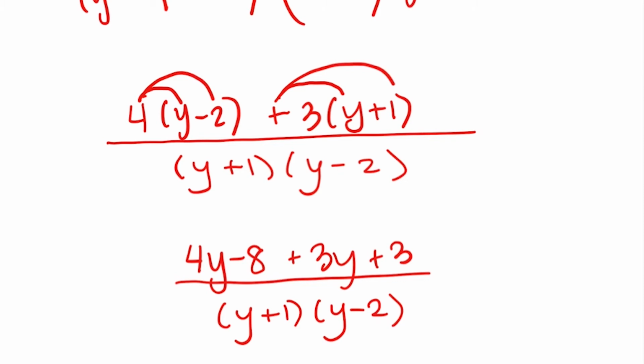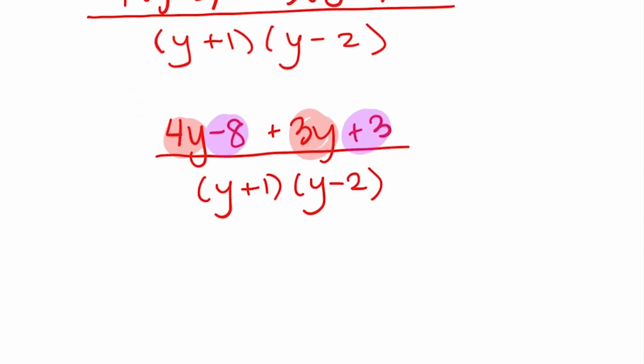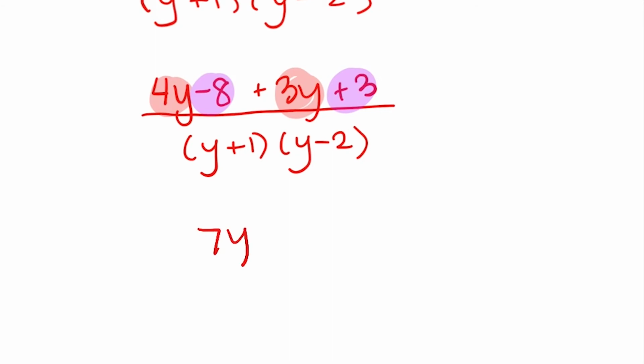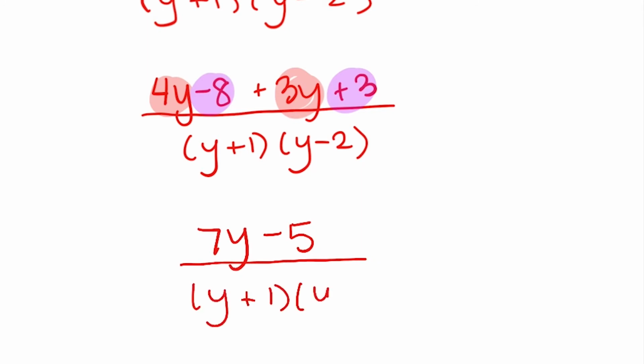We can combine the y terms as well as the constants. So 4y plus 3y gives me 7y, and negative 8 plus 3 is negative 5. So my answer is 7y minus 5 over y plus 1, y minus 2.